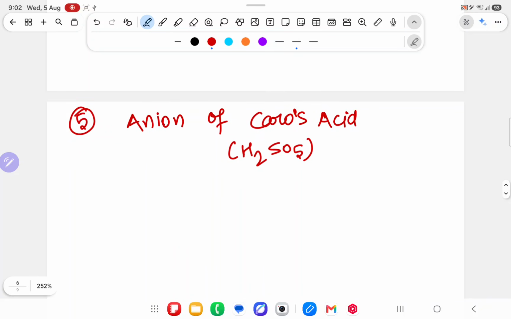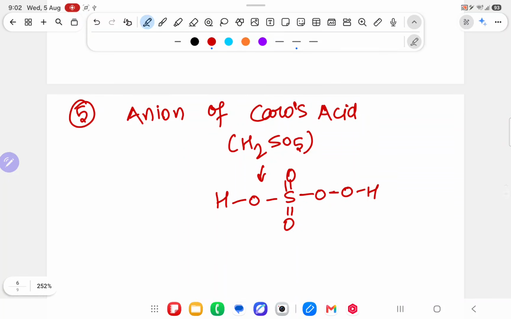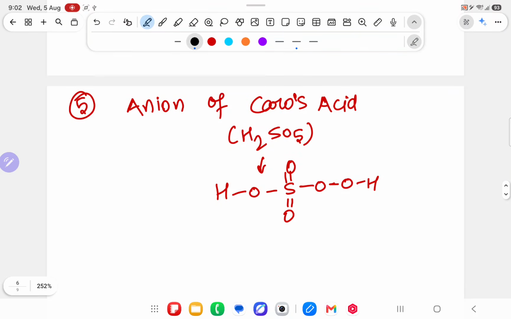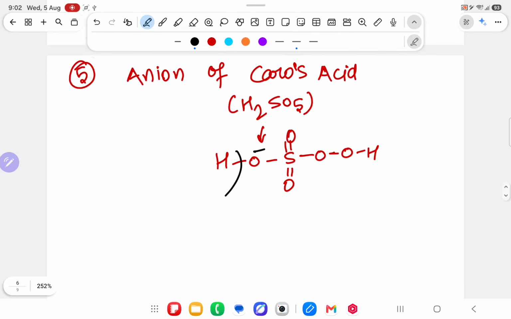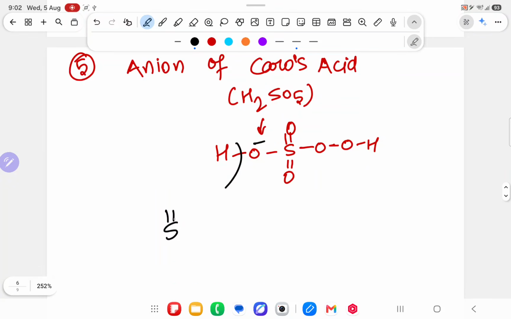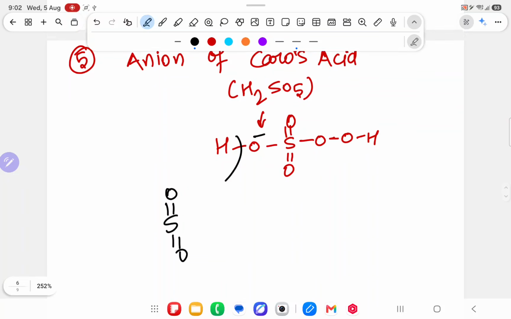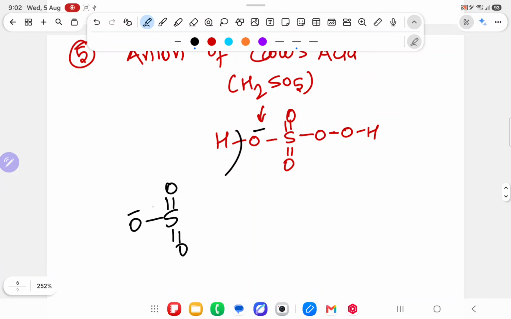H2SO5. Structure: HO-S double bond O, OOH. Now you have to make the anion of this. What will you do? Remove hydrogen, make it negative. What will you get? A structure S double bond O, O minus, OOH.